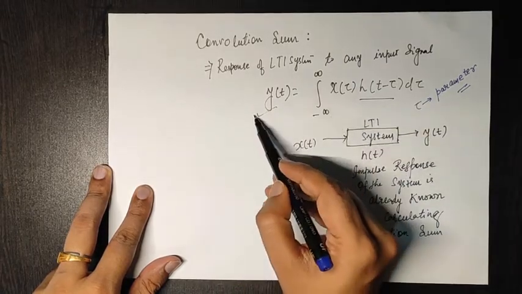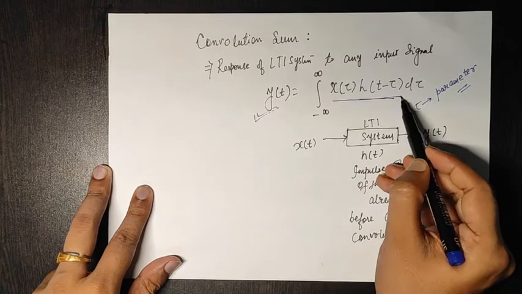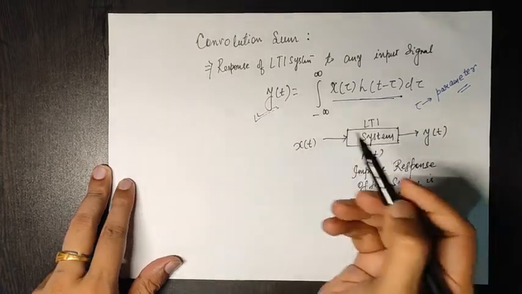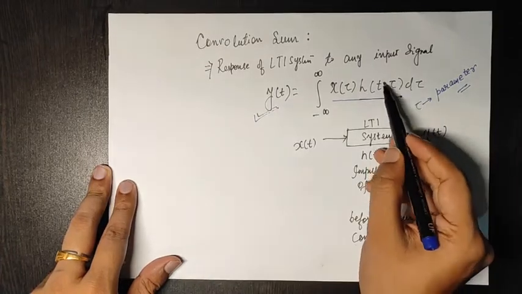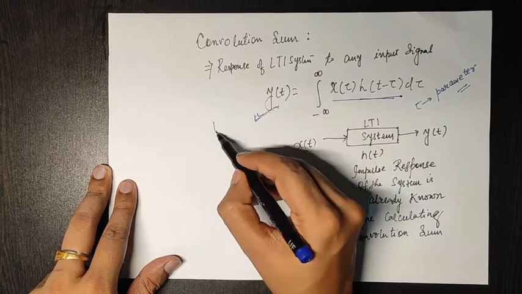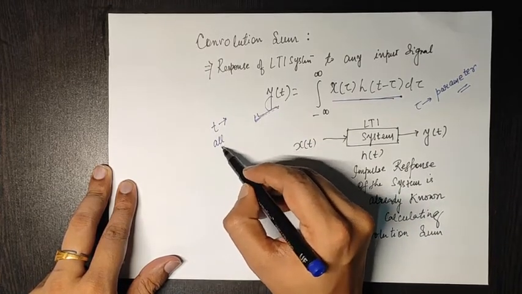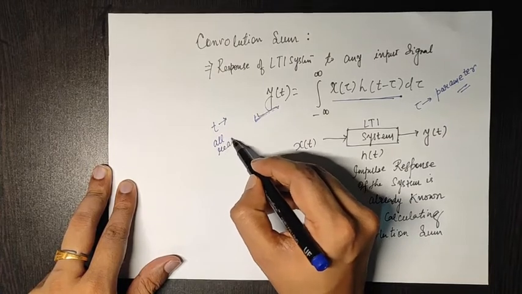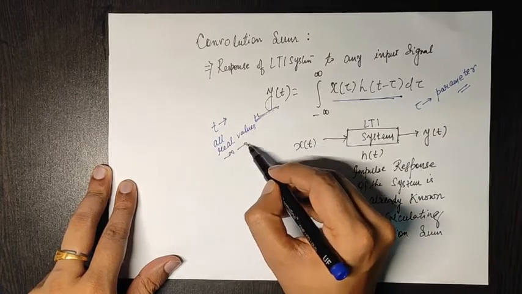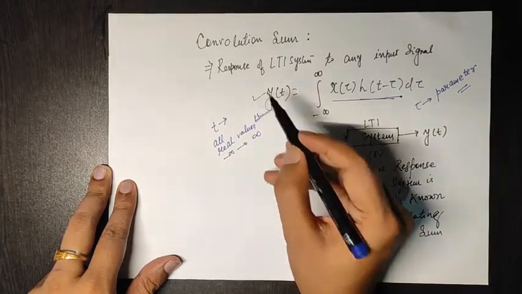For the purpose of obtaining y of t, we are calculating this product x of tau into h of tau. And since we are calculating y of t, t must take all real values, that is from minus infinity to infinity. For all values of t we are calculating y of t.